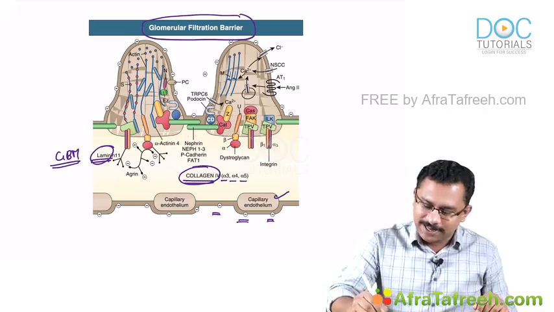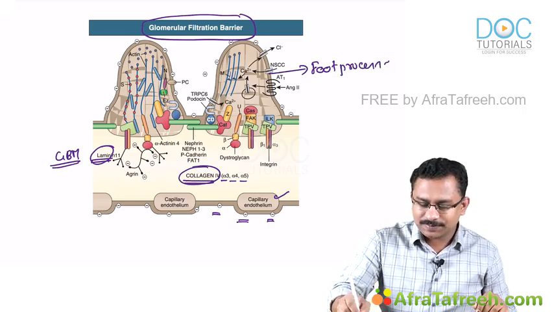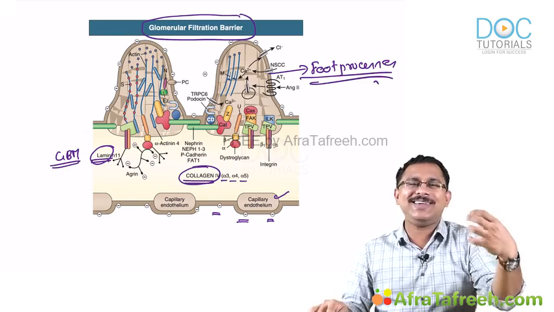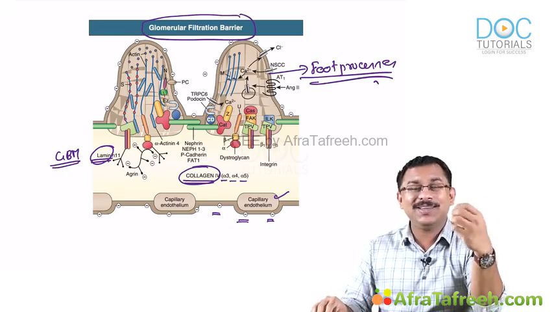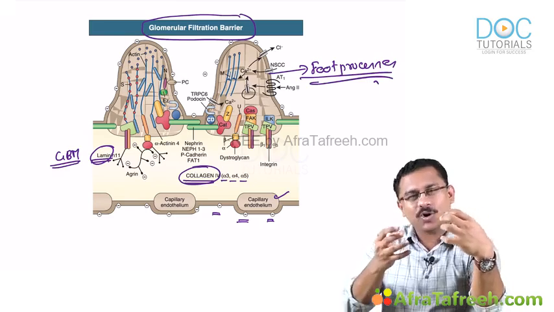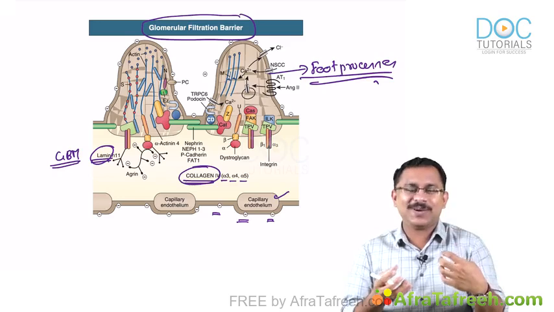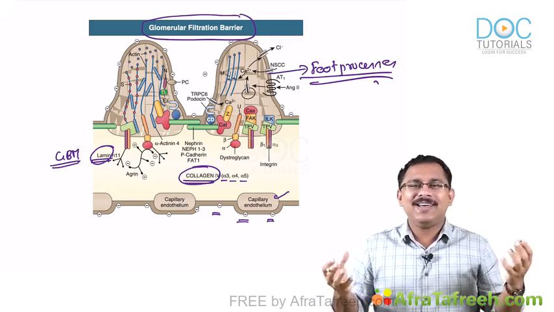And what you see here are the foot processes. Though the foot processes belong to the Bowman's capsule, they are closely adherent to the glomerular basement membrane, because all of it is functioning as a single unit, your glomerular filtration barrier.